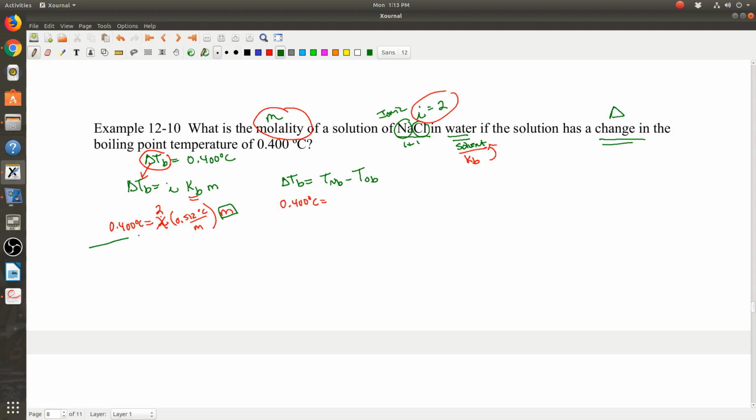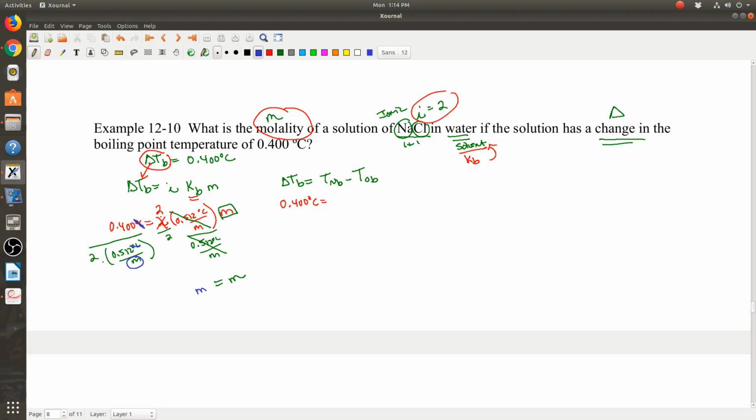I'm going to divide this side by 2 and this side by 2, and divide this side by 0.512 degrees Celsius over molal and divide this side by 0.512 degrees Celsius over molal. So the whole thing cancels, and my molality is all by itself, and my degrees Celsius cancel. There's one right here and one right there. So molality is the unit that's left, which is what I want.